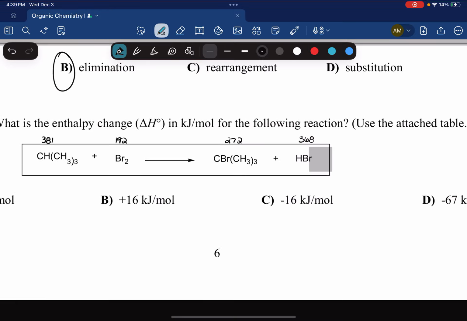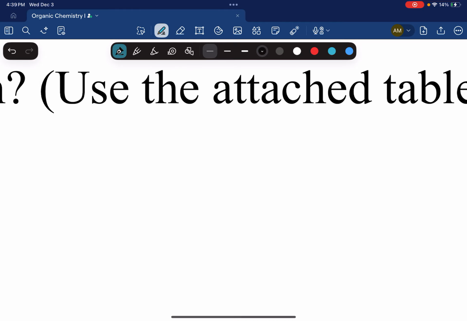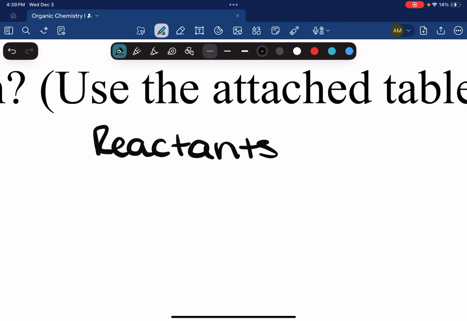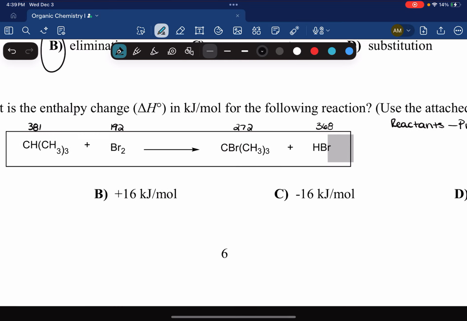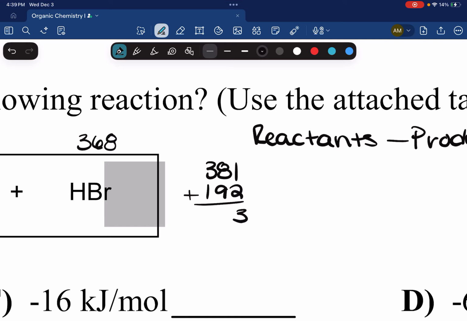Okay. Now, this is bonds broken minus bonds formed. So essentially, reactants minus products, which is backwards. Usually, we always do products minus reactants. Not for this one. So we're going to add 381 and 192. That's 573.